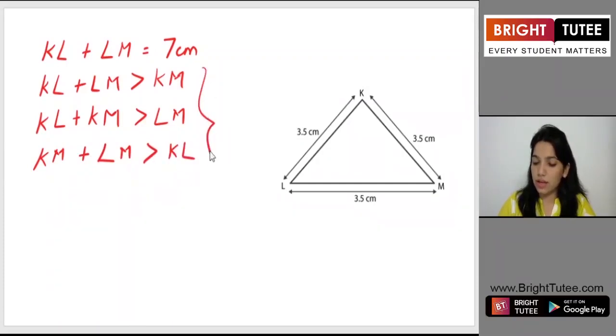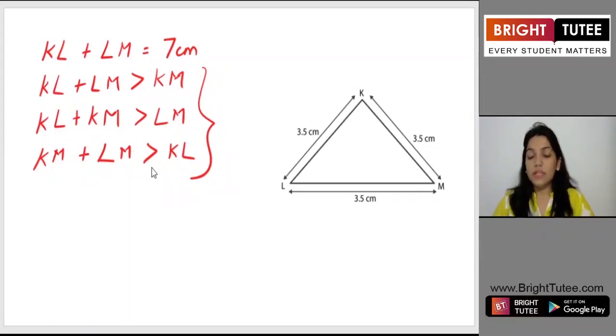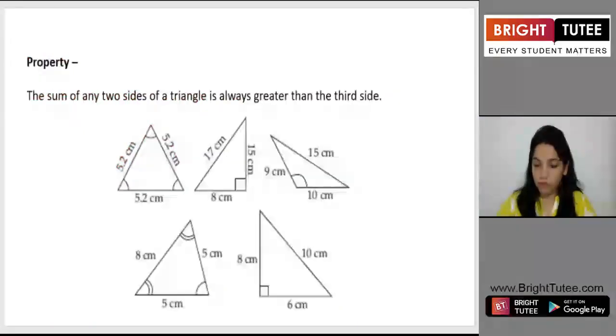So these are again the observations that we have observed in this particular triangle. And as I have said, you can try as many triangles as you can. Here I have some of the examples for you. If you want, you can try using these triangles.